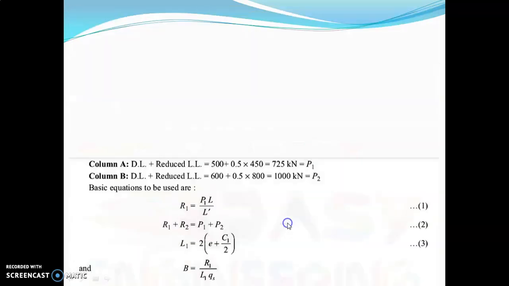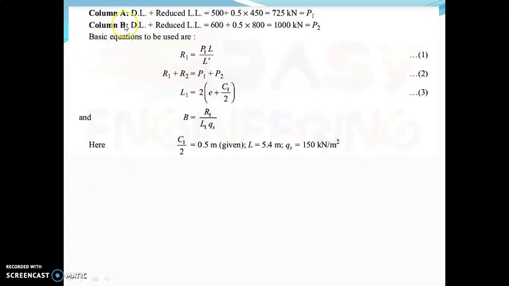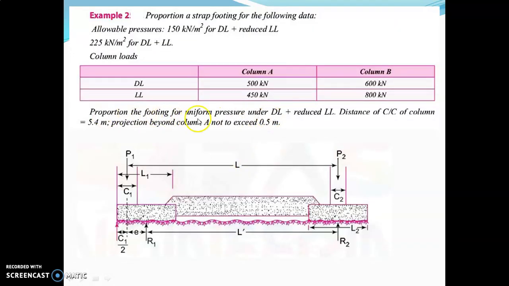How to calculate here? First you have to find the load acting on column A. You have to consider dead load plus reduced live load. That condition is given in the problem itself, so you have to find the pressure under dead load plus reduced live load.